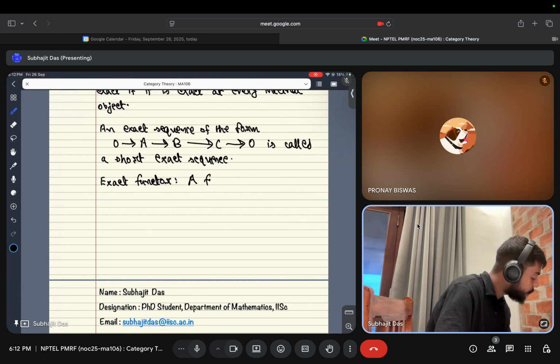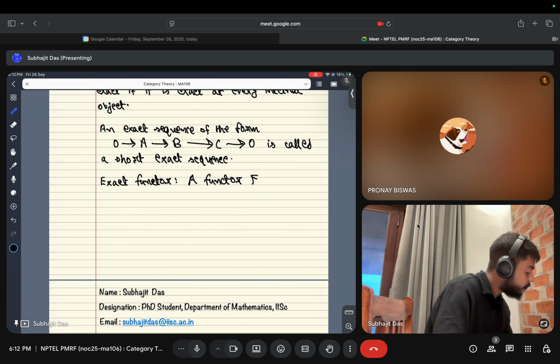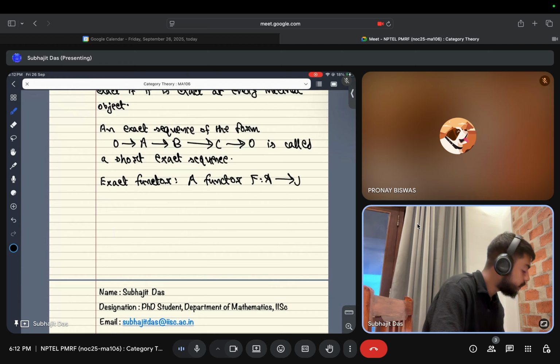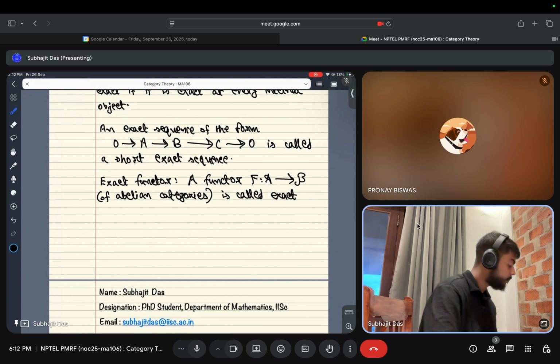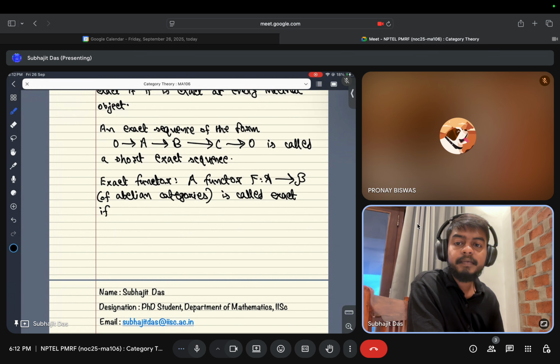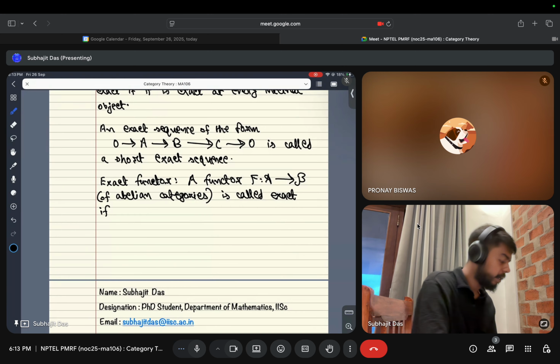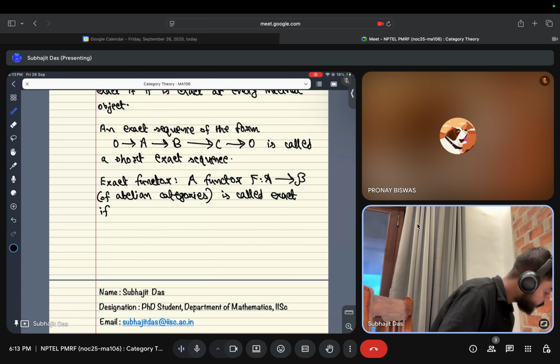A functor F from an abelian category A to an abelian category B is called exact if and only if it preserves exactness of sequences, or exact sequences.